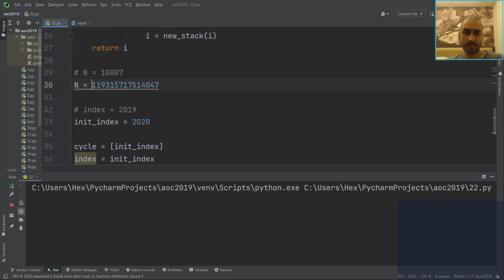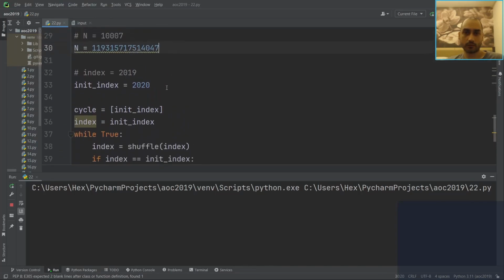We have the ability to find out where an index ends up after applying this shuffle any number of times. But we're trying to find out what ends up at this place, not where this card ends up.